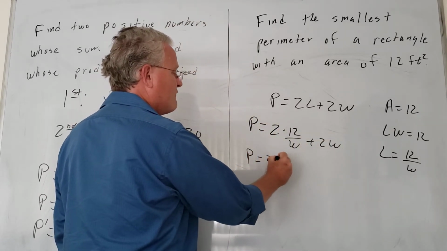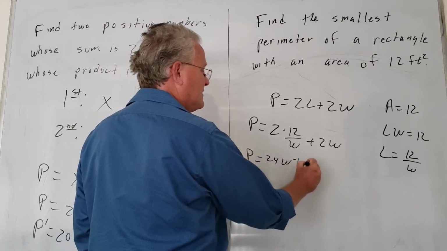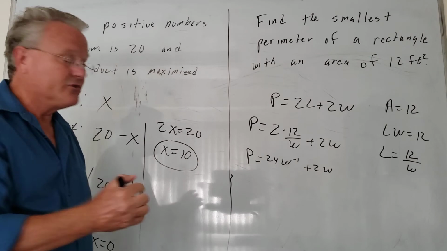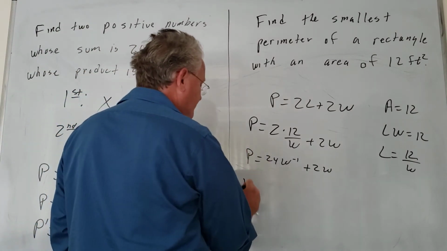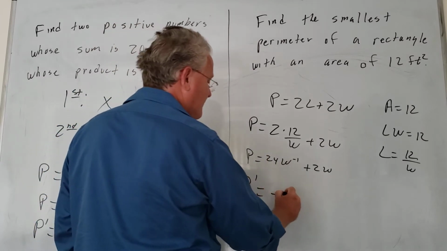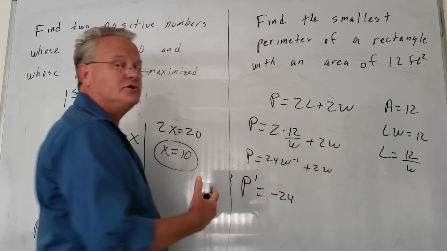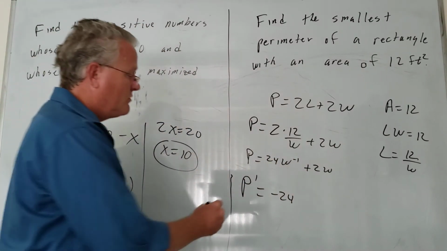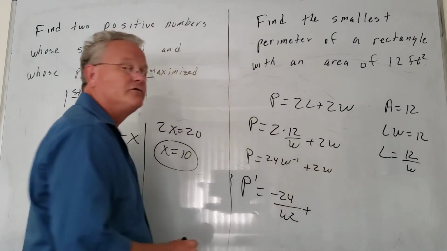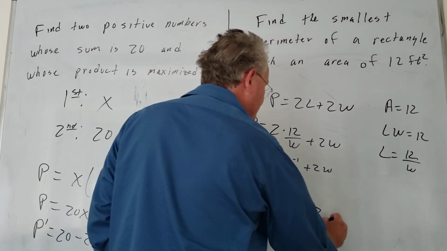Rewriting, we get 24 W to the negative 1 plus 2W. Now we take the derivative. The derivative of our perimeter is minus 24 W to the negative 2, or over W squared, and the derivative of 2W is 2.